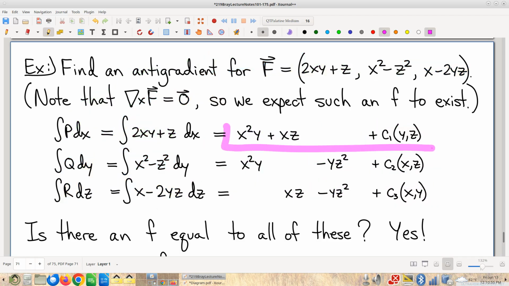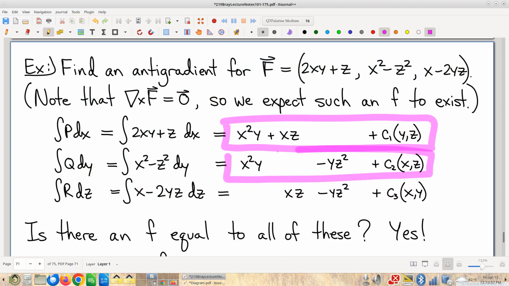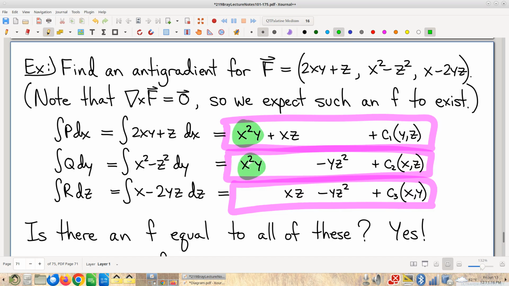I need for this and this and this all to be equal to each other. Now, it kind of looks like an obvious fail because they're different expressions. But you know what? Those C1, C2, and C3 could be anything. So here's what I propose. I see this x squared y and this x squared y, and I see that there is none here, but maybe it's hiding inside of there.